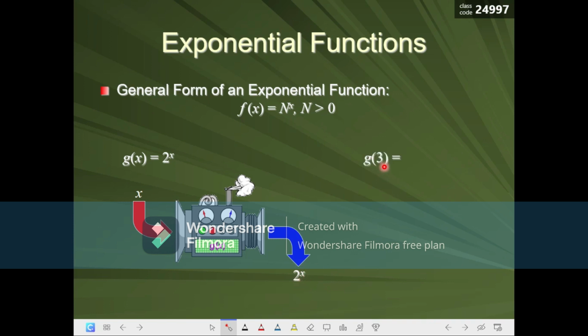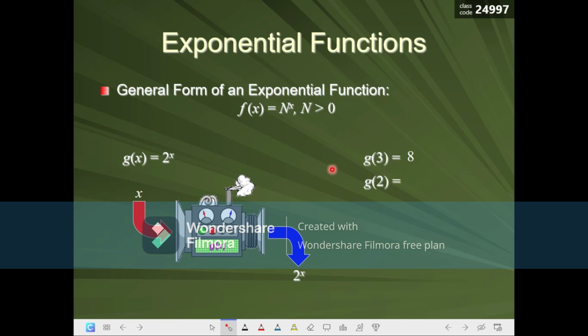So if g of 3, meaning if we're going to substitute x with 3, what is the answer of the exponential function? You have 2 cubed. That is 2 times 2 times 2, so you have your 8.